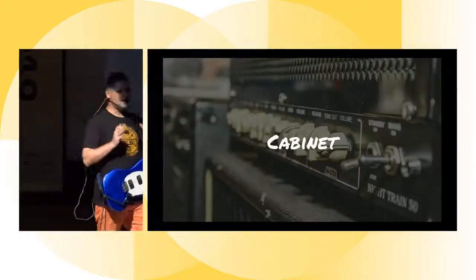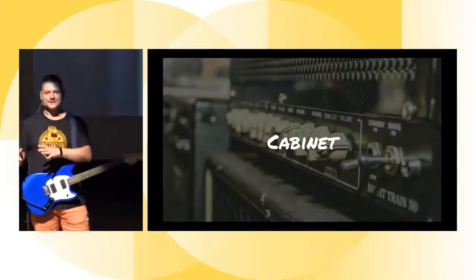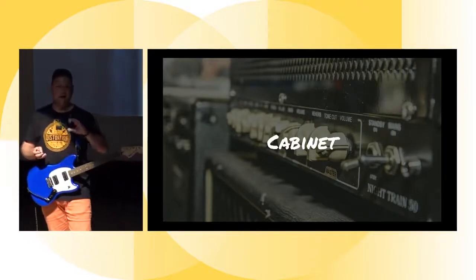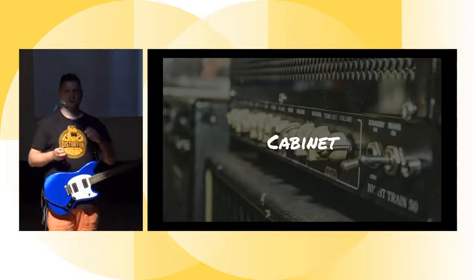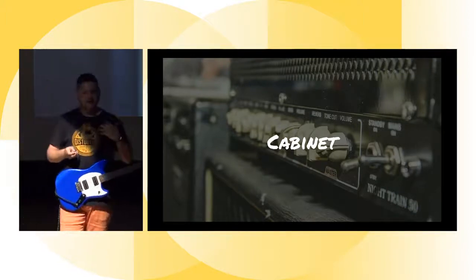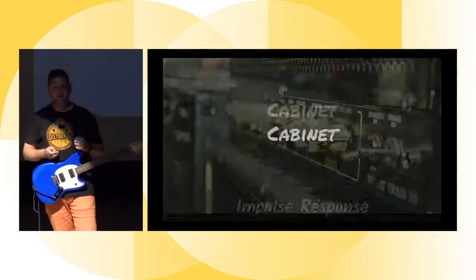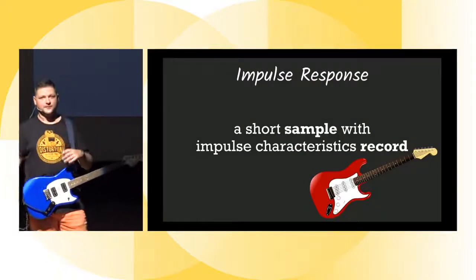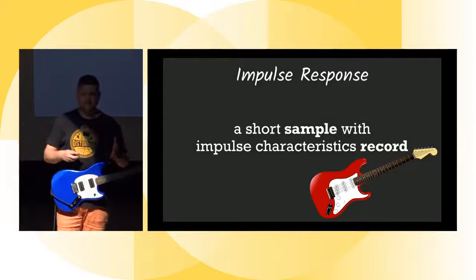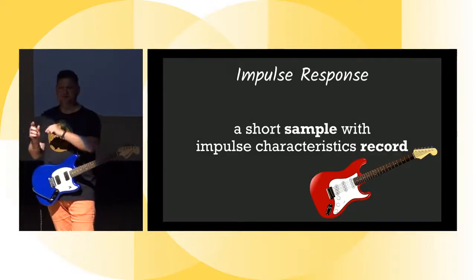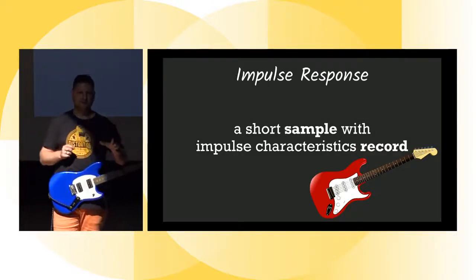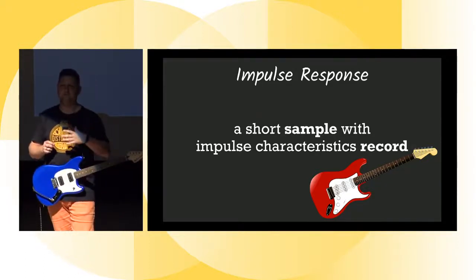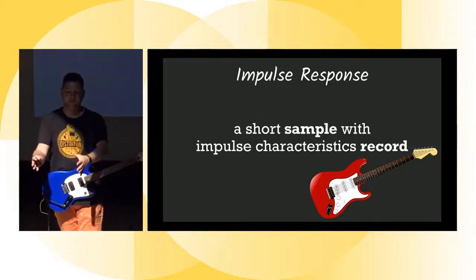Okay, but to make our sound closer to real devices, we would like to create some cabinet or amplifier simulation. And we can do it using a special thing called impulse response. What is an impulse response? It's a short sample containing just a few milliseconds of the sound of a real device, I mean the speaker of a guitar cabinet.